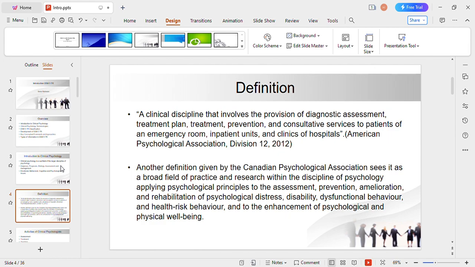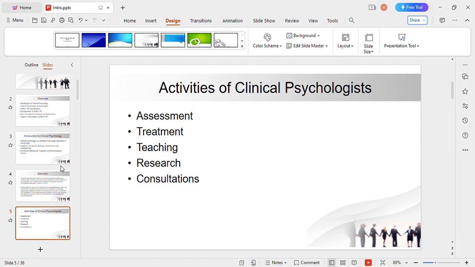Also, this definition stresses what kind of problems clinical psychology can deal with, which are psychological distress, disability, dysfunctional behavior, and health risk behaviors. Clinical psychology covers a versatile kind of disorders, but our focus should be on DSM-5-TR. It's just an overview, therefore I'm not going into too much detail of the definition. So let's move towards the next point.